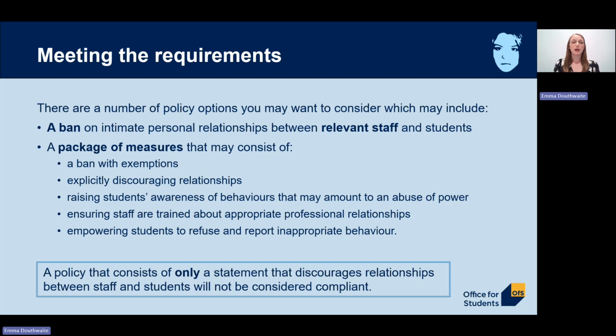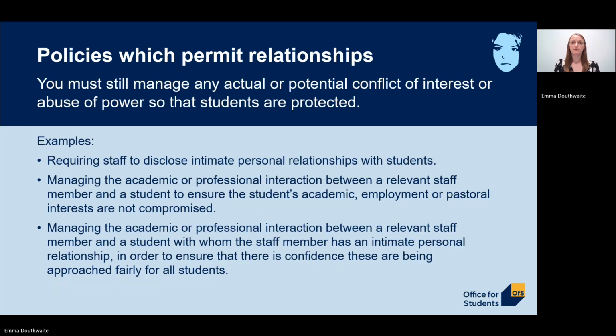These may include a ban with exemptions, explicitly discouraging relationships, raising students' awareness of behaviours that may amount to an abuse of power, ensuring staff are trained about appropriate professional relationships, and empowering students to refuse and report inappropriate behaviour. A policy which consists of only a statement which discourages relationships between staff and students will not be considered compliant.